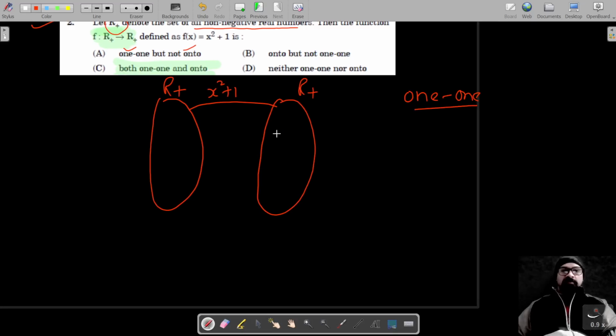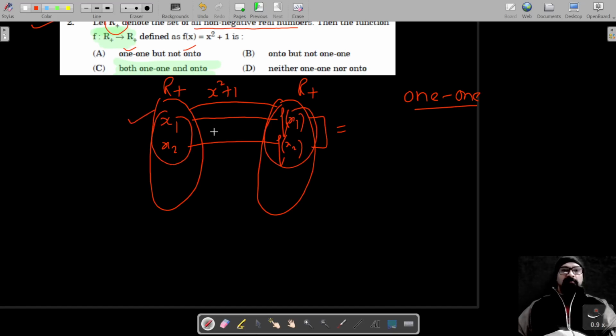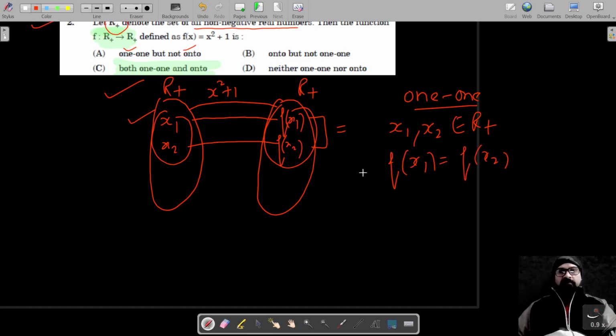We know that a function is one-one when for every x there is a unique f of x. So we will consider that if the images are equal, then the x values are also equal. Let x1 and x2 belong to the domain of positive real numbers, with f of x1 equal to f of x2.